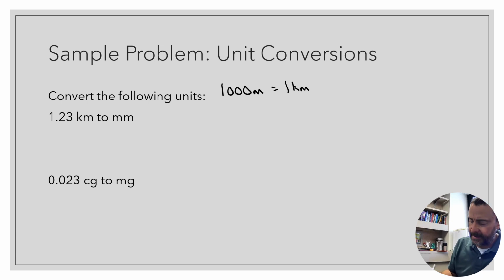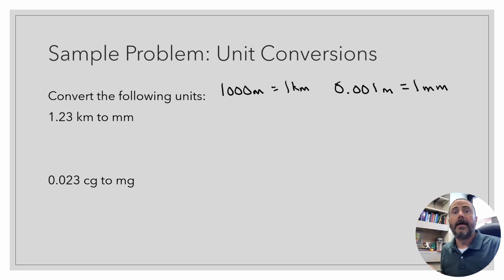And if we look at that slide, 0.001 base units are equal to 1 of our millimeter units. Now we're going to figure out how I can use these to convert from one thing to another.